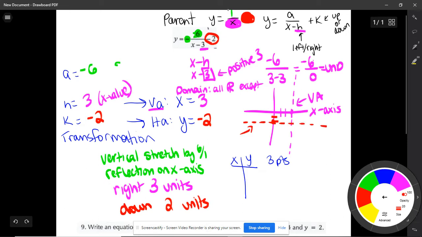So that's going to be my HA, because when negative 2 is in this equation for y and I solve for x, I get undefined. Therefore, I have my two asymptotes, my horizontal and my vertical. My range is going to be all real numbers except negative 2.